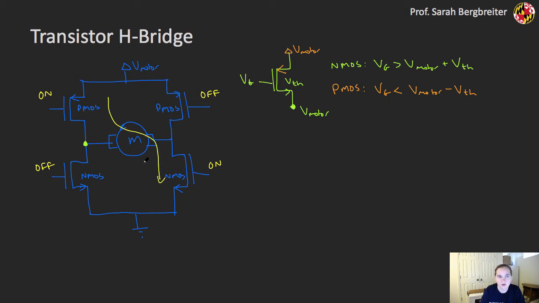I'll get some current here, and my motor will turn in, let's call it the forward direction, when the current is going in this direction. Now I can also reverse those: I turn off this PMOS and this NMOS transistor and turn the other two on. In this case, I will get a current path that looks like this through that motor, and I'll be able to turn in the reverse direction.